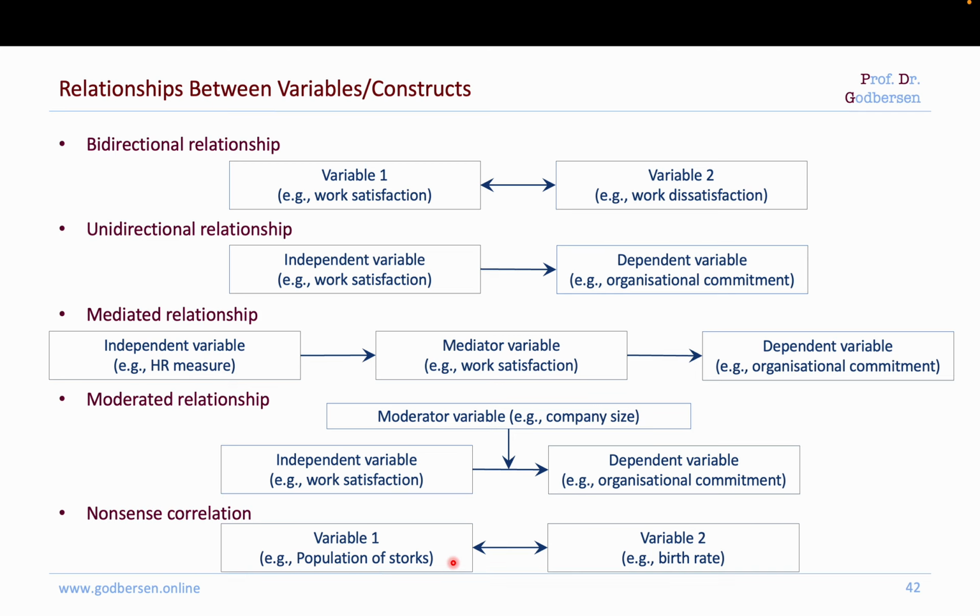The reason for finding the statistical effect is not because there's a relationship between storks and the birth rate, but the reason is the industrialization. Because of the industrialization, the places for building a nest for storks decreased. So there are fewer opportunities for storks to build their nest. Furthermore, with the industrialization, the family size shrunk and the birth rate went down.